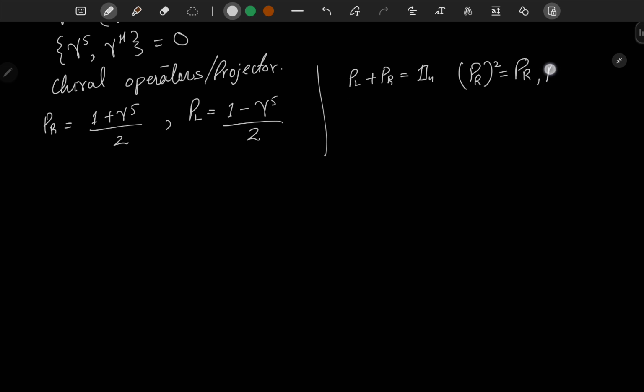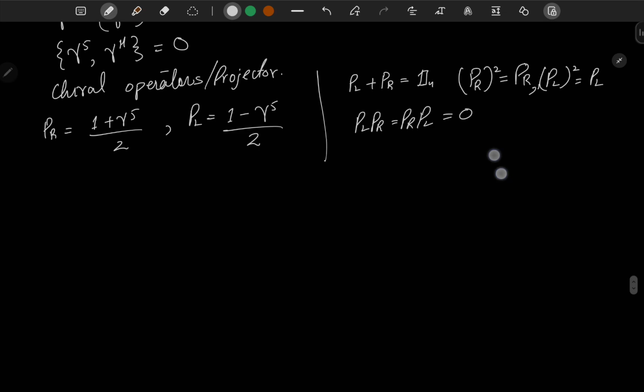The case is similar for the left chiral projector. You can get all of these properties just by manipulating this relationship.